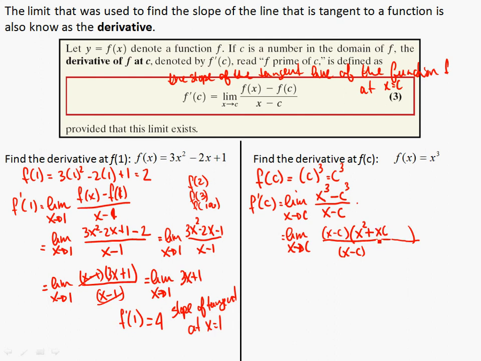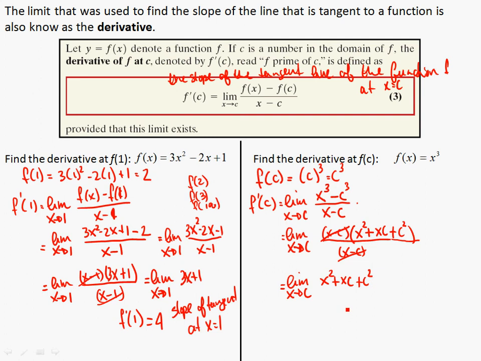It used to be like a number there, right? You would have ab here if it was with a's and b's, plus c squared. x minus c cancels. What do you end up with? x squared plus xc plus c squared.